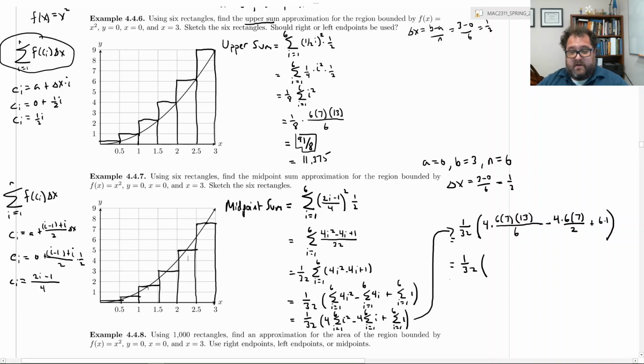Oh, it was 286 before I divided. So 286 divided by 32. In simplified fraction, that gives us 143 over 16.